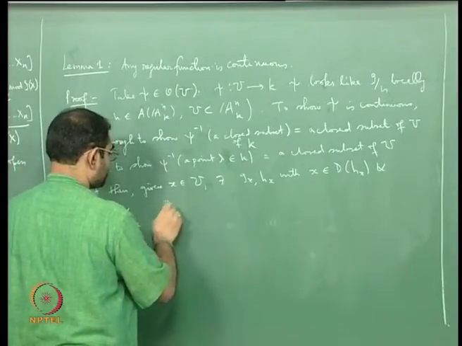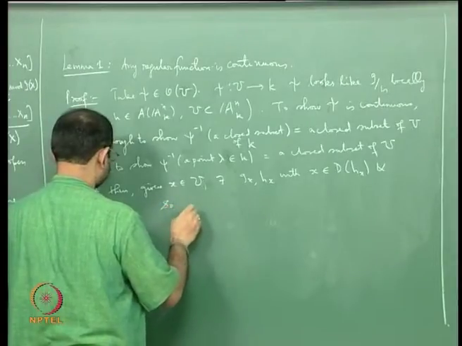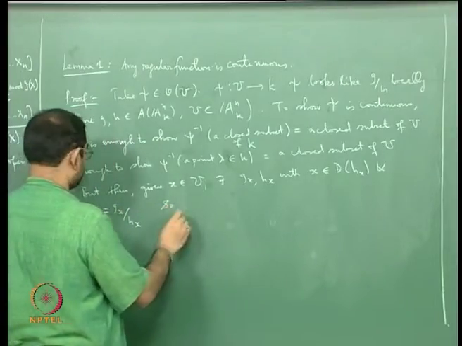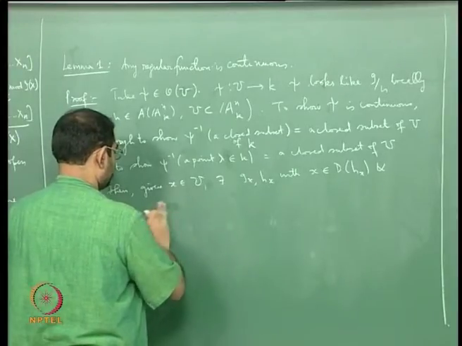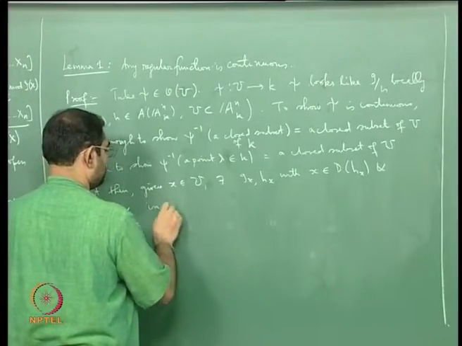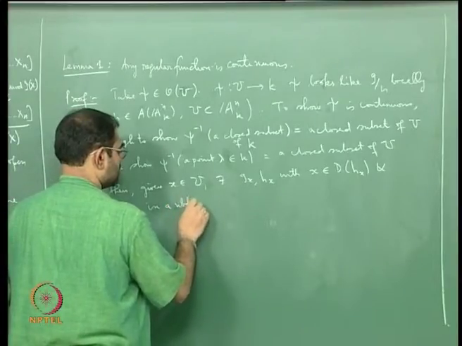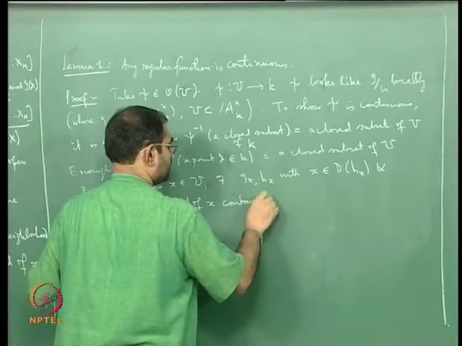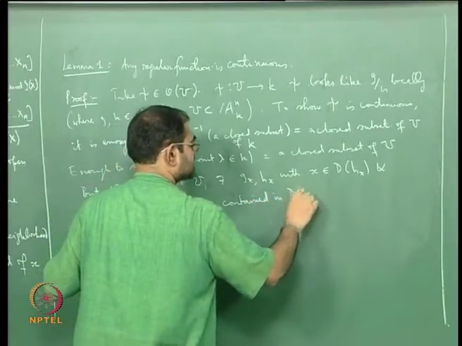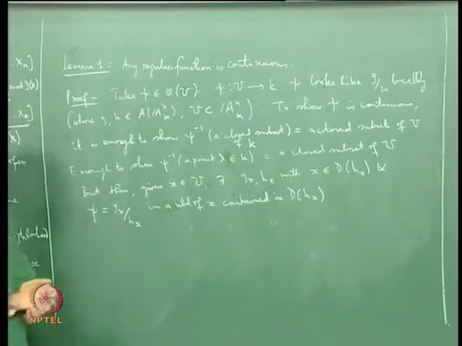So what this will tell you is that in a neighborhood of x contained in D(h_x), this is the local definition, all right.